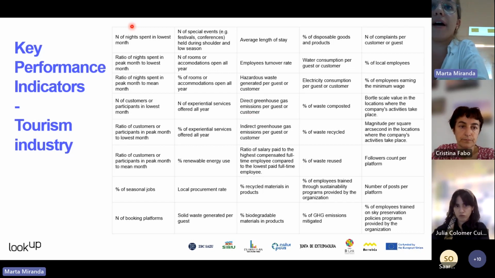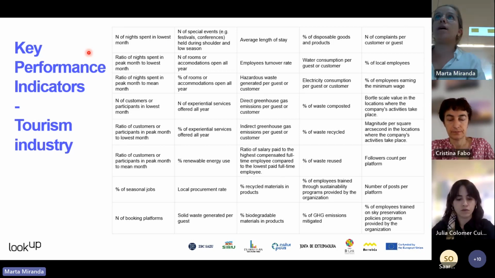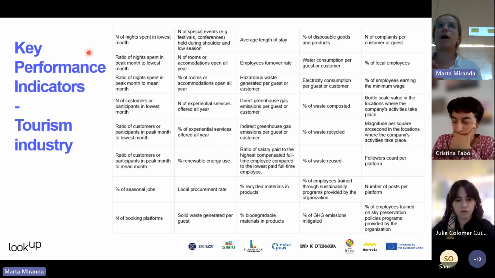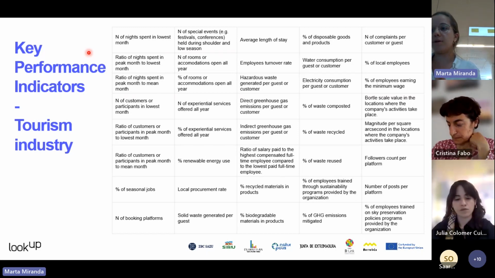For example, we are analyzing the number of nights spent in the lowest month. And why is it important to measure this? Because maybe we can have the objective to improve this performance indicator, and maybe this month we're going to start measuring it, and in 3 months we would like to have a 50% increase, for example.